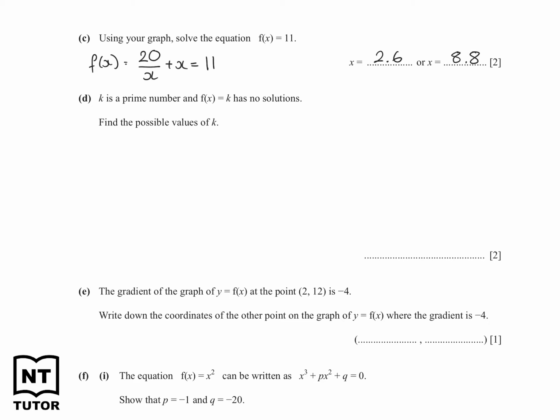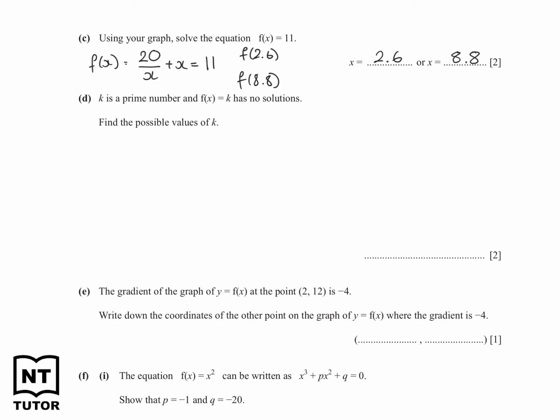Because we were solving for f(x) equals 11, this means that the answers that we got, when substituted into the function f, should give approximately 11. This means that f of 2.6 and f of 8.8 should approximately give 11. Using a calculator, we can quickly check our answer.